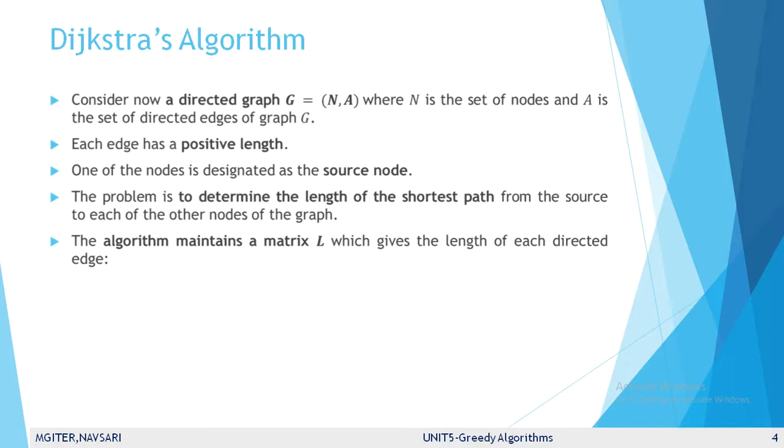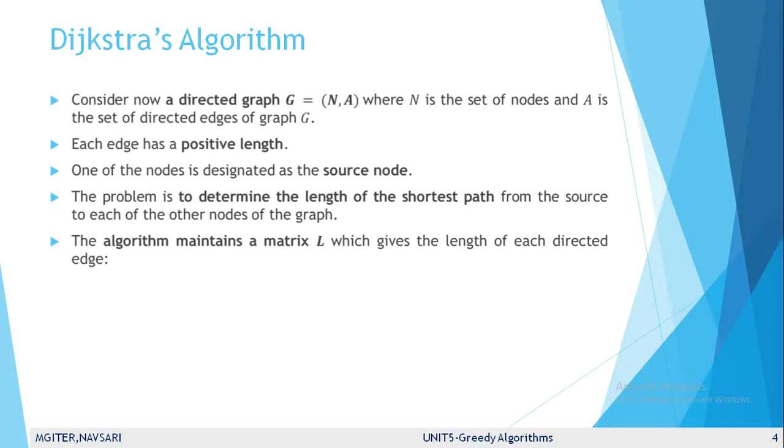Let there be a directed graph G given with n number of nodes and a set of edges. Then in single source shortest path, the shortest path from vertex V0 to all remaining vertices is determined. The vertex V0 is called the source vertex and the last vertex is called the destination.